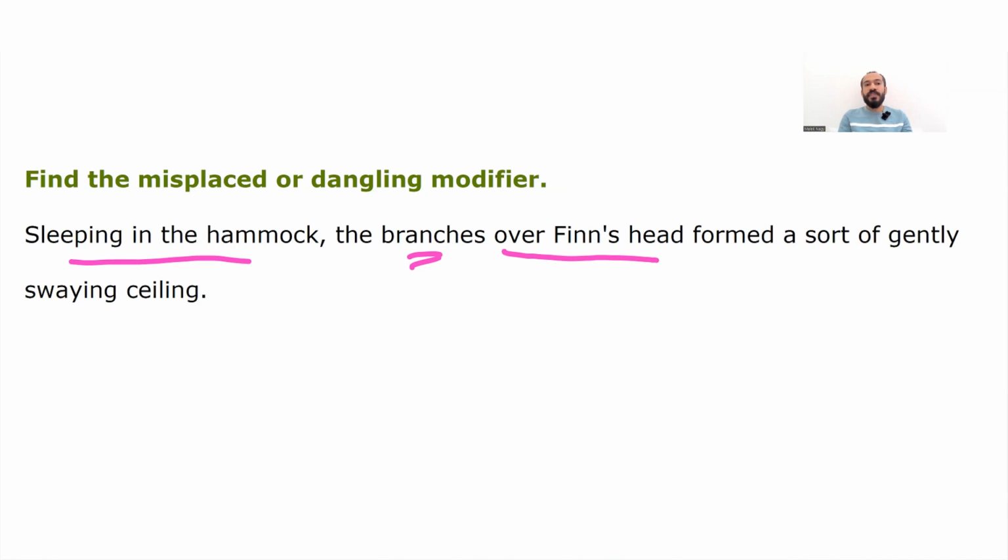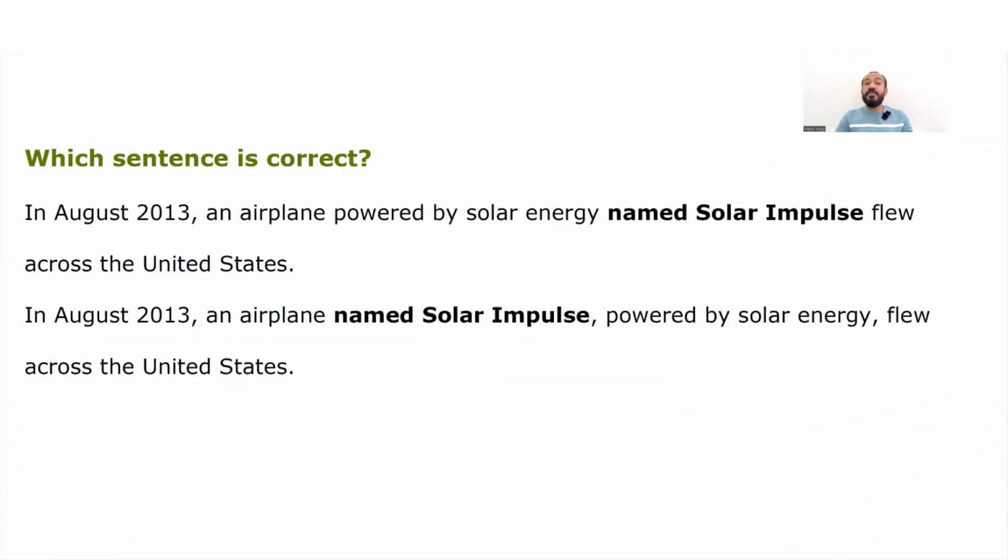No. You get branches, you get Finn's head. I'm not talking about Finn, it's Finn's head. There's the ceiling, but there isn't a person here that could be described as sleeping in a hammock. So the modifier describes a person or a word that doesn't even exist in the sentence. That's the dangling modifier.